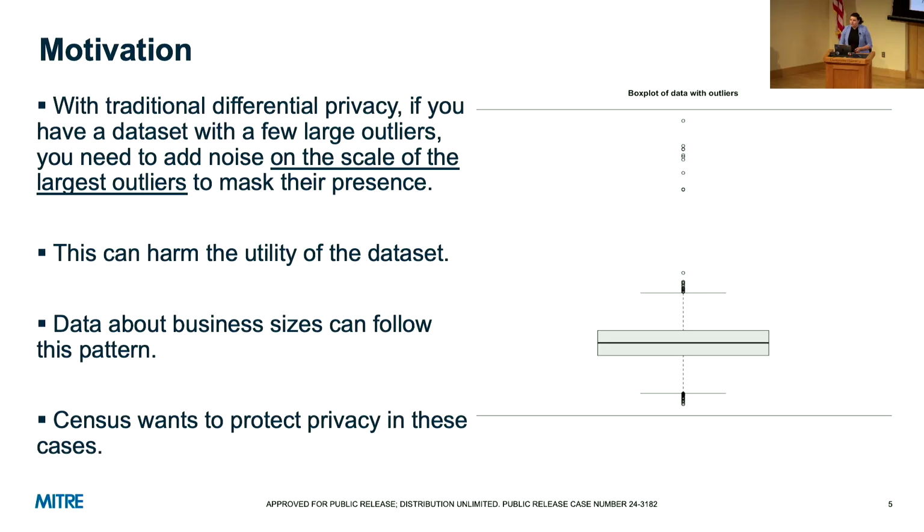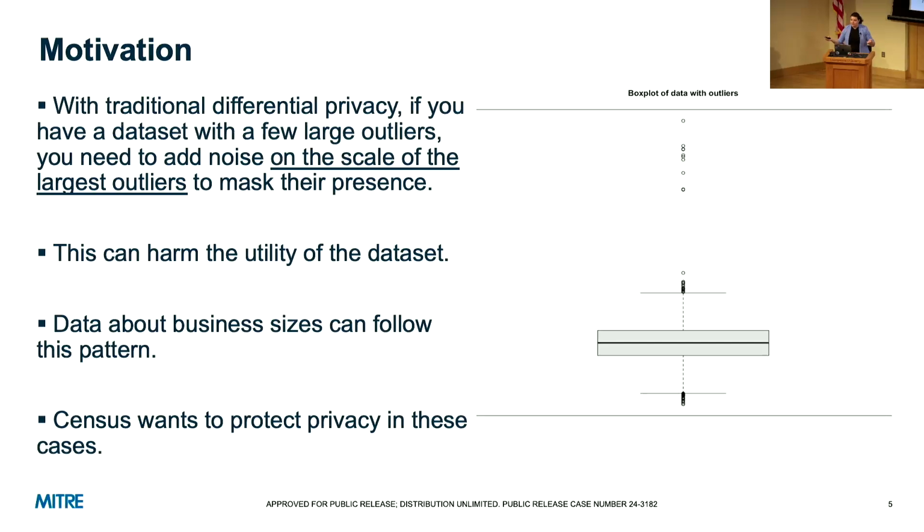So you can think about, say, a county that is perhaps smaller, and maybe there's a Walmart in this county, but then there's also a number of small businesses. And what you're trying to do is you're trying to protect the data privacy, not only of the small businesses, but also of Walmart. And you're trying to then also keep the utility of your data set fairly high. So Census wants to protect privacy in these cases.